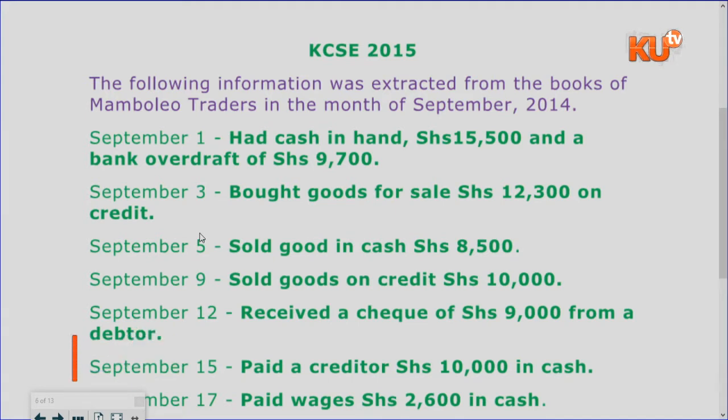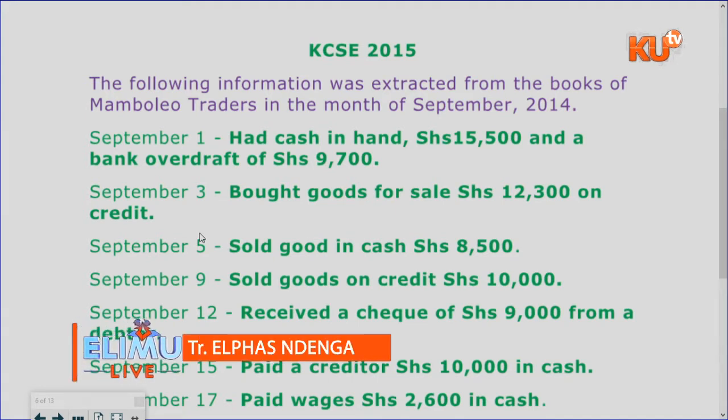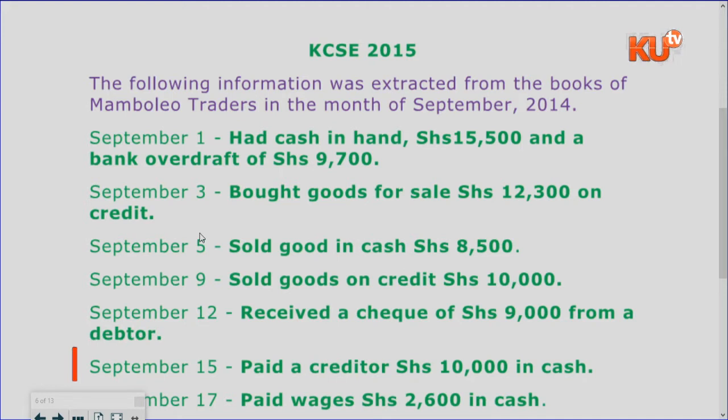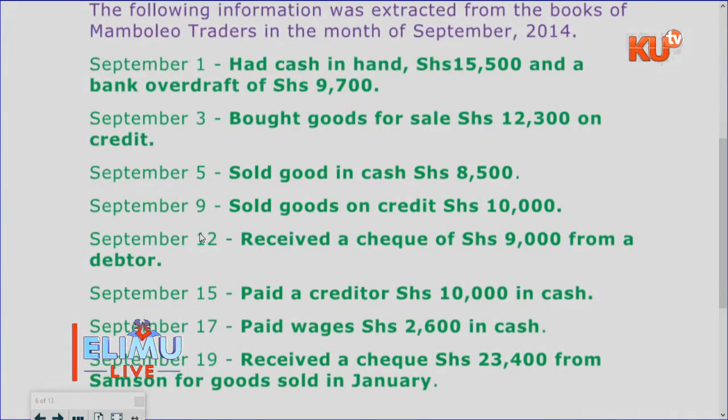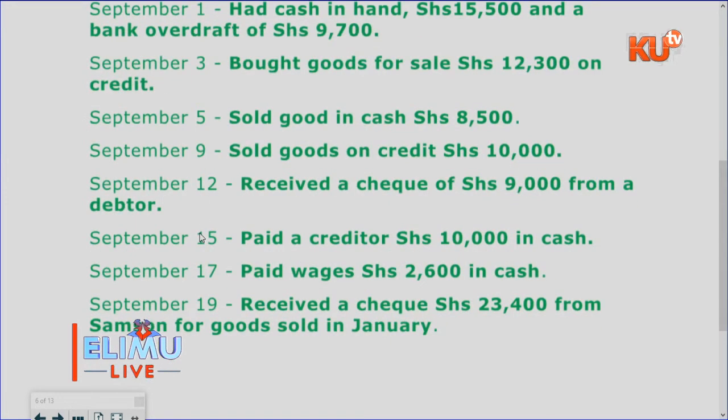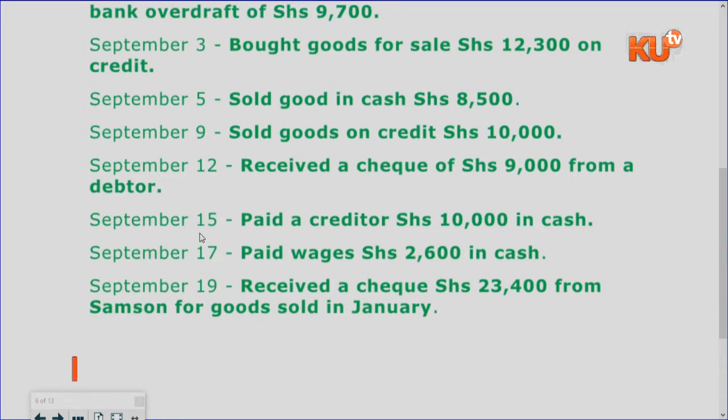September 9, sold goods on credit 10,000. September 12, received a cheque of 9,000 from a debtor. September 15, paid a creditor 10,000 in cash. September 17, paid wages 2,600 in cash. September 19, received a cheque 23,400 from Samson for goods sold in January.